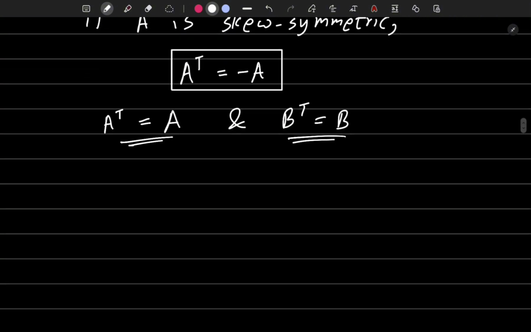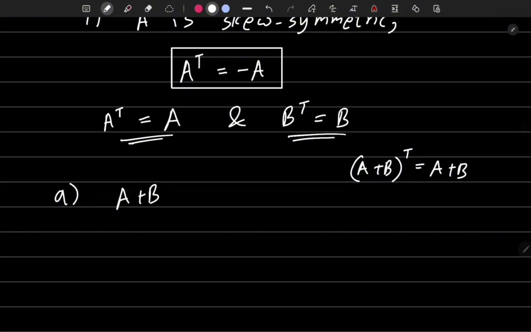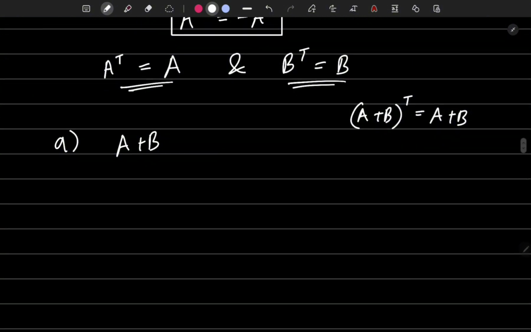So let's consider the matrix A plus B. If this matrix is symmetric, then the transpose of this matrix should be equal to A plus B. If this requirement is true, then I can say that the A plus B matrix is also symmetric.